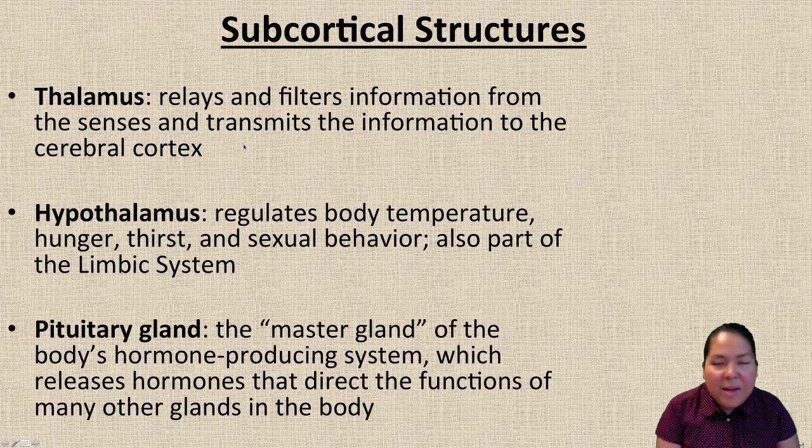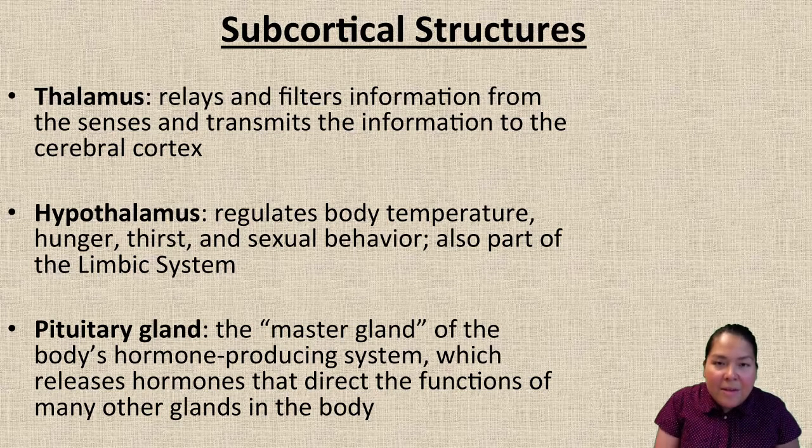And so if you imagine sticking your index finger in each of your ears and pushing inward until they touch, that's where we would find the thalamus, the hypothalamus, the pituitary gland, the limbic system, and the basal ganglia. All of these structures are within the forebrain.